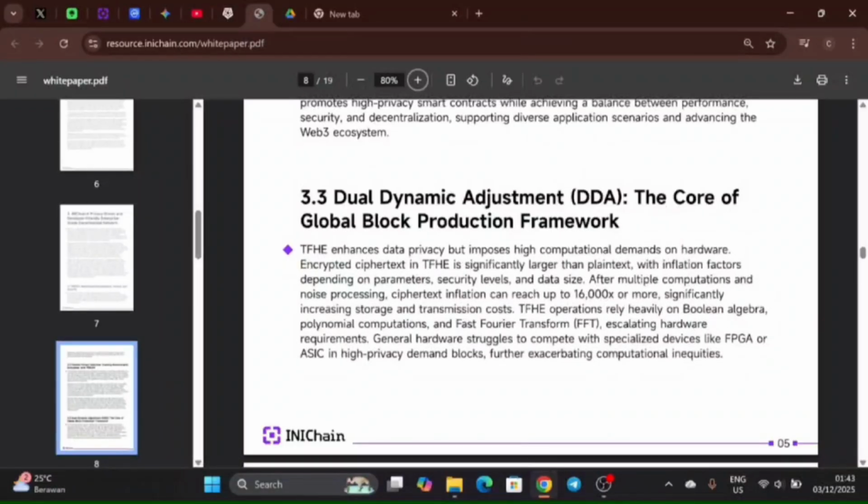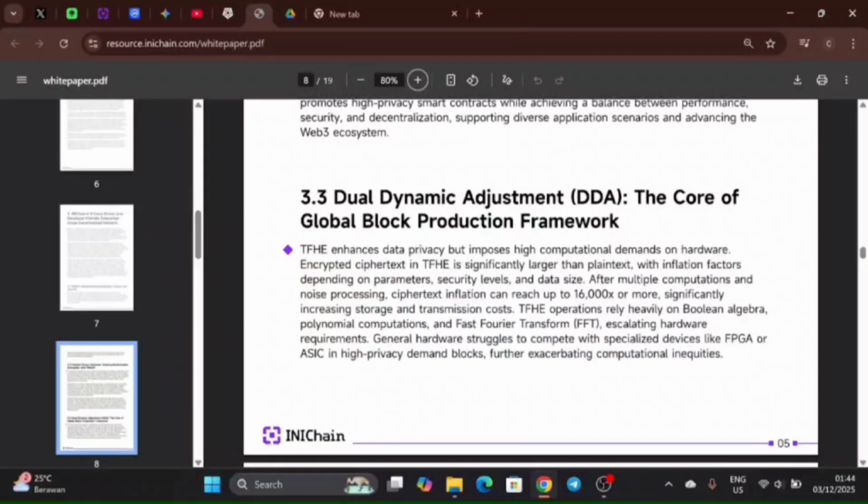FHE EVM enhances data privacy but imposes high computational demands on hardware. It means FHE enhances data privacy but imposes high computational demands on hardware. Encrypted ciphertext in TFHE is significantly larger than the plain text, by an inflation factor.